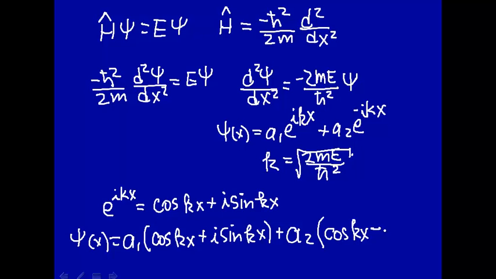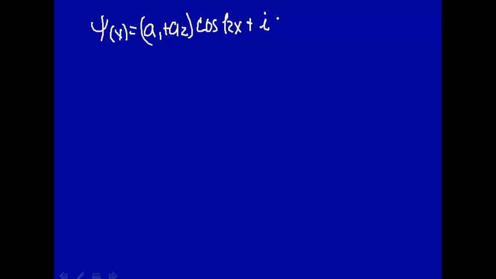Let's group terms that have cosine and sine in them. So psi of x will be equal to (a1 plus a2) cosine kx plus i times (a1 minus a2) sine kx.